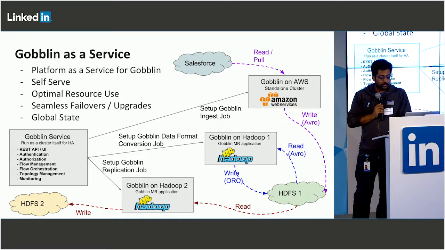So Gobblin service sits in front of all of those deployments and makes it much easier to provision jobs across them.